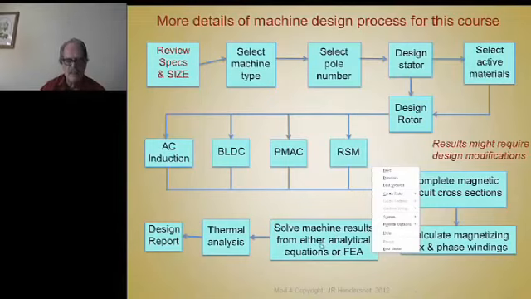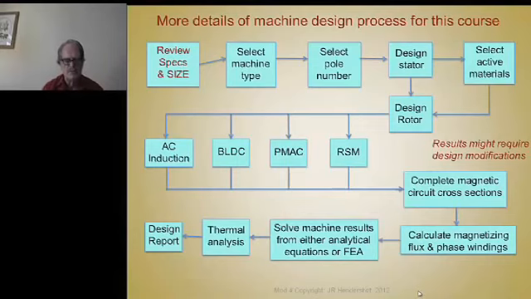And then, of course, the next thing you do is solve for the machine results, the performance results, and there's two ways to do that: by old classical time-proven equations.